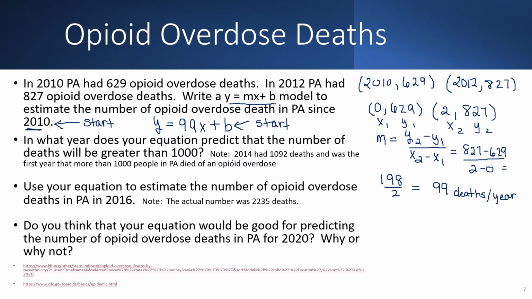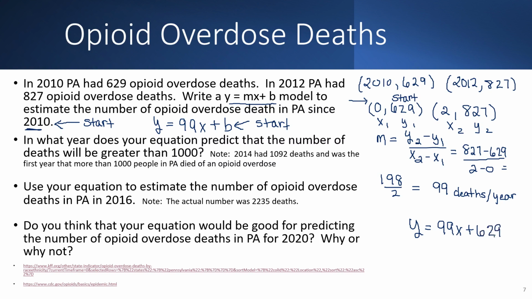And because we were given time, and because we were told to start in 2010, we know the starting amount, and we see that in this ordered pair here, where we started that ordered pair at 0, and so in 2010 we started with 629 deaths. And so that gives me an equation, y equals 99x plus 629.